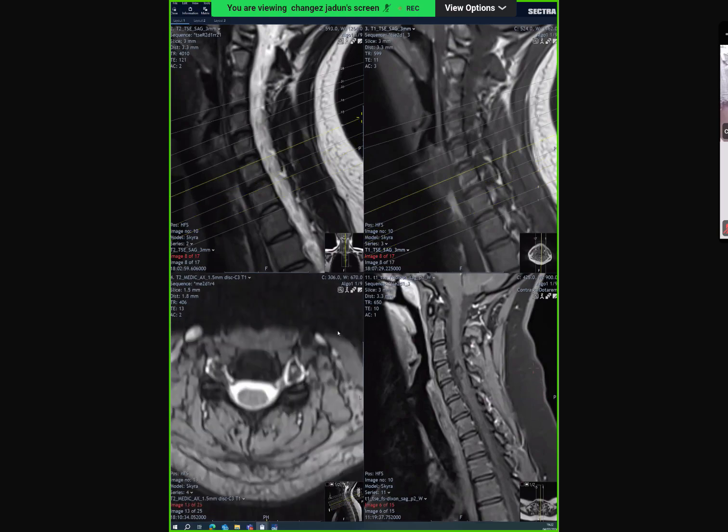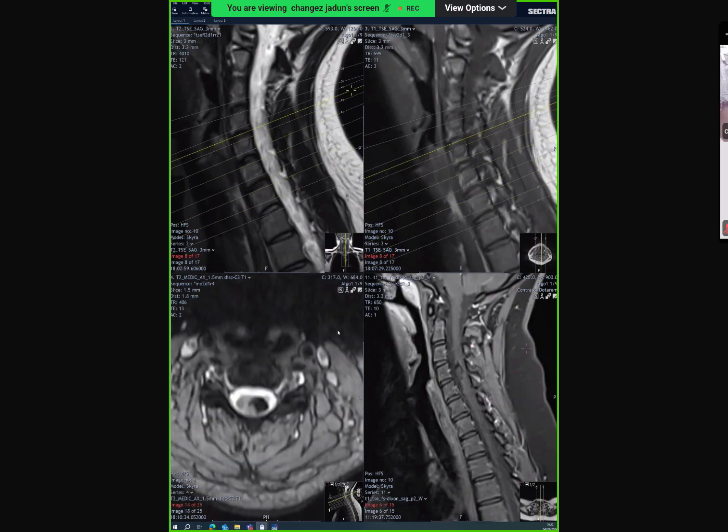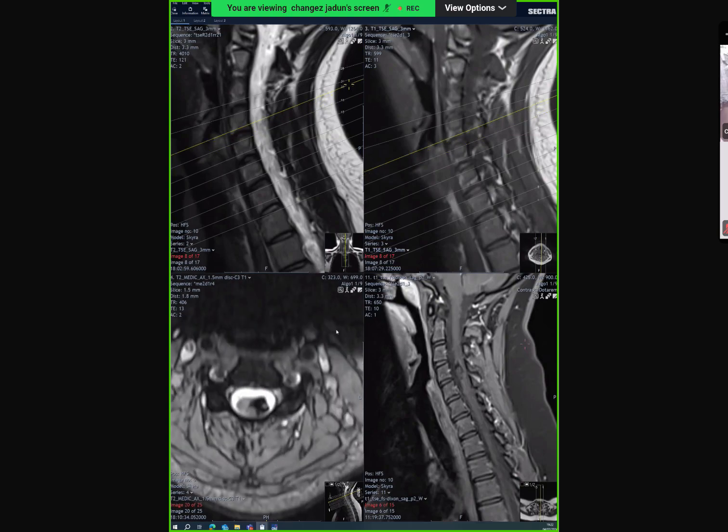But how can a cavernoma be extramedullary intradural? It won't be in thin air, it has to be in the parenchyma. But it doesn't fit into any of the extramedullary intradural tumors as well.